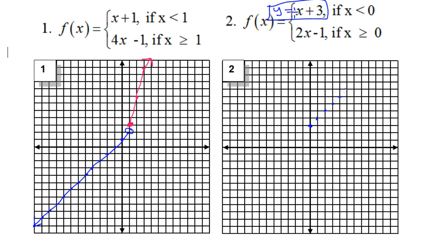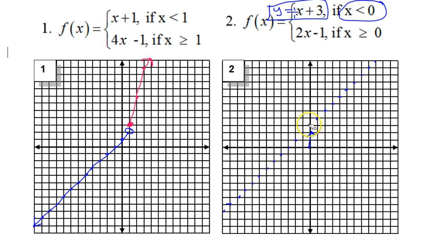So that graph is going to look like this. Now look at this domain restriction, x values less than 0. So this is the x value at 0. Okay, this is the point that has an x value of 0. So this is going to be the end point of this particular piece of the function.